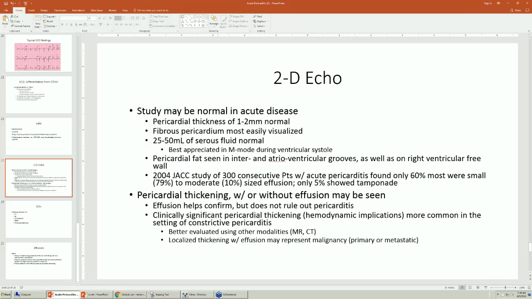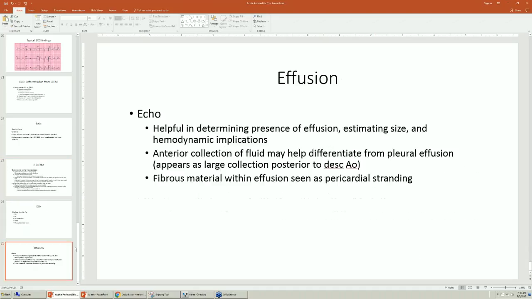You really can't tell much about that on the echo; you need MRI or CT. The pericardium is so thin that it's easy to spot a thick pericardium, and it's very easy to measure it too. And of course with malignancy, you get not only thickening but also tumor cells actually growing, so you get big thickening of the pericardium, especially with metastatic disease of breast cancer.